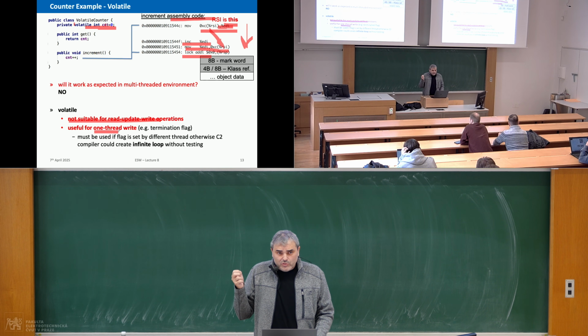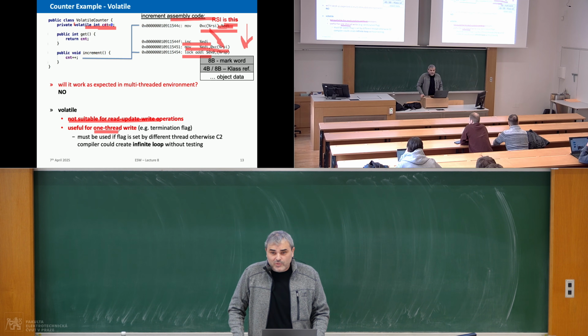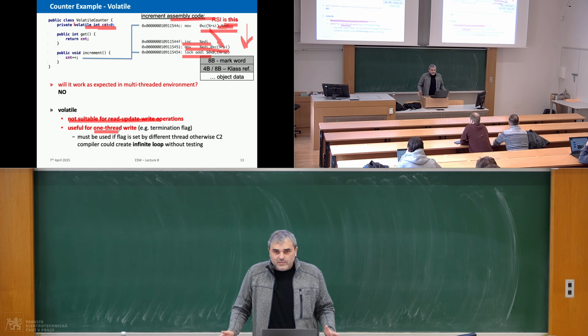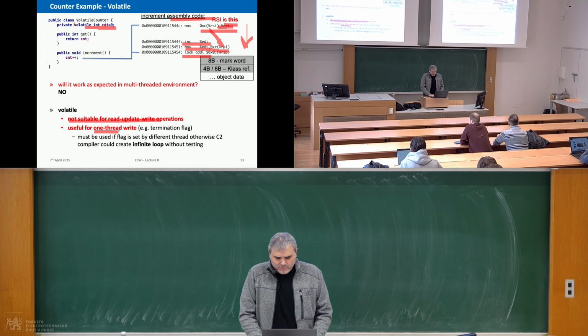There is also support for termination of the thread pool via some terminate flag. Those multiple threads are reading the same termination flag, which is implemented as volatile, but there is a write only from some single place, or rarely, when the application is going to terminate. That's guaranteed so that there is no infinite loop.